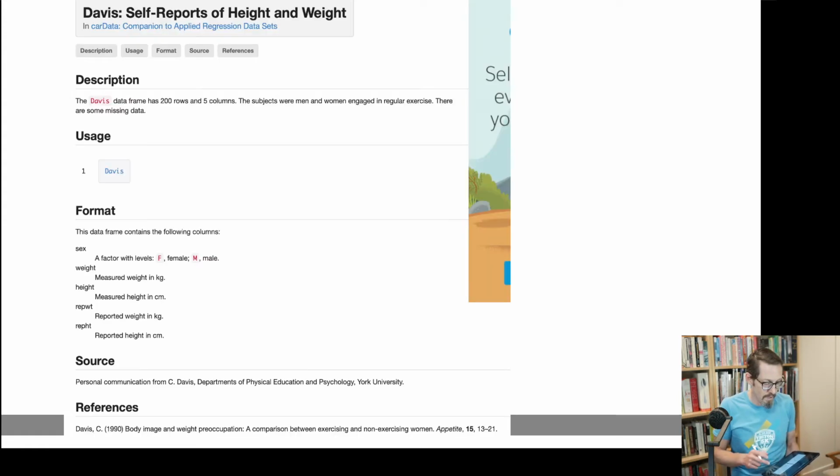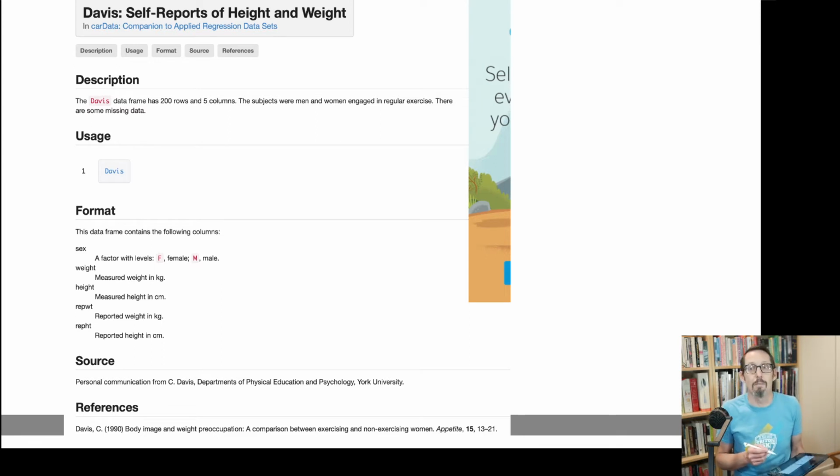So in the course of showing you this, I'm going to keep using the same data, and we're going to show you different visualizations with it. It's all coming from this data set about self-reports of height and weight.